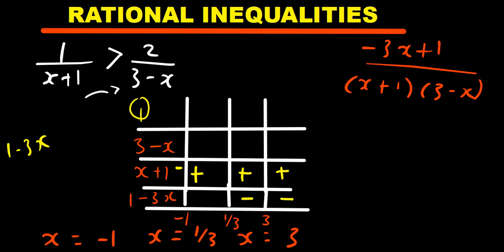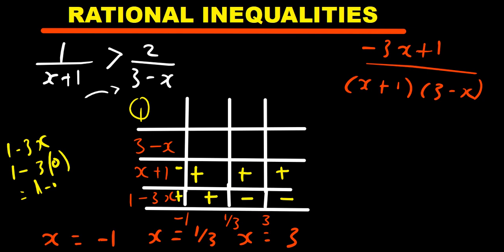If we pick a number between negative 1 and 1 over 3, let's say 0, then we just have 1 minus 0, which will just be positive. So all the numbers less than that will be positive.